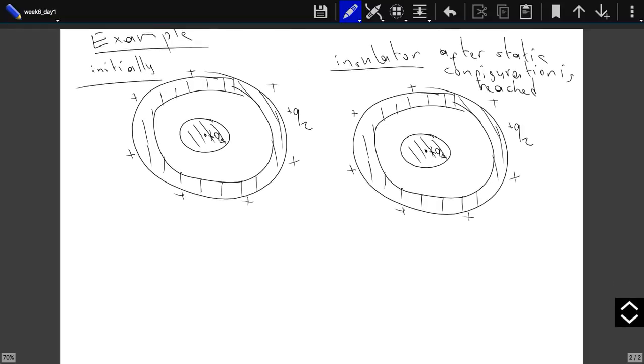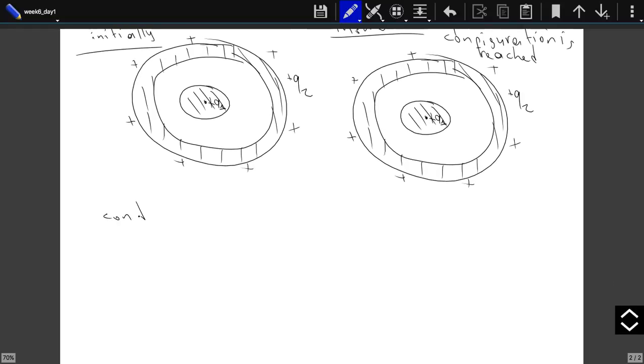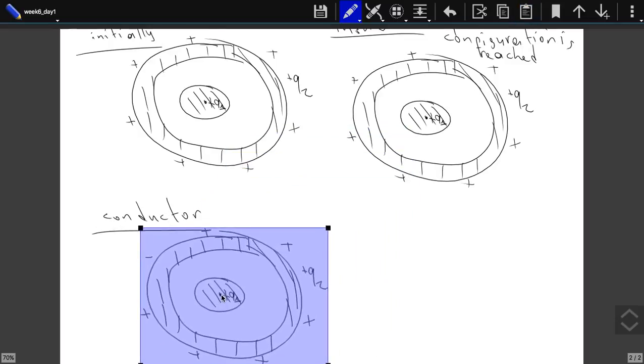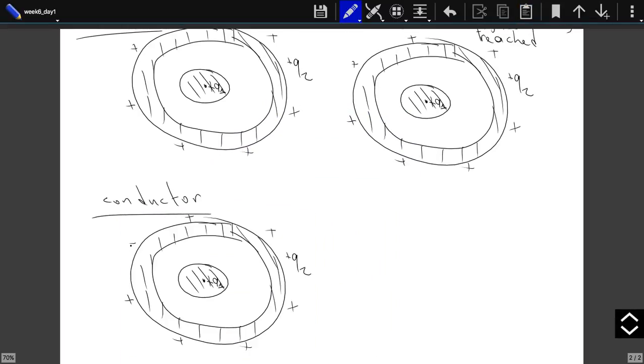Now, if it is a conductor, although we distributed it like this initially, what will happen is this plus Q1 will be distributed over the surface. So this will move to the surface, and I will have a plus Q1 charge on the surface.